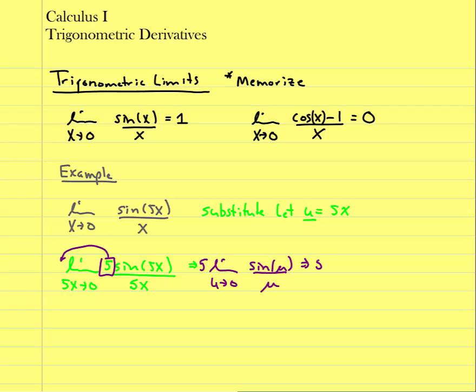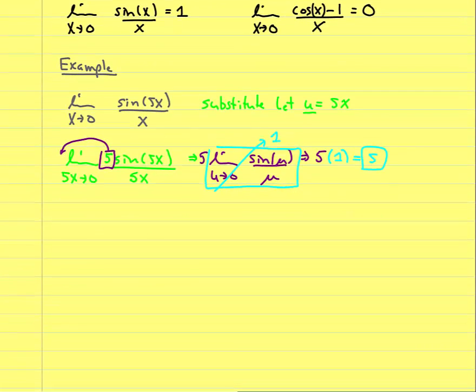So when I take this limit, this whole piece goes to 1 by using the limit as x approaches 0 of sine x over x. So this equals 5 times 1, or 5. So that's my limit here. What I did was a direct substitution, letting u equal 5x, and then I compensated to create the 5x in the denominator. I actually had to multiply by a 5 in the numerator as well.